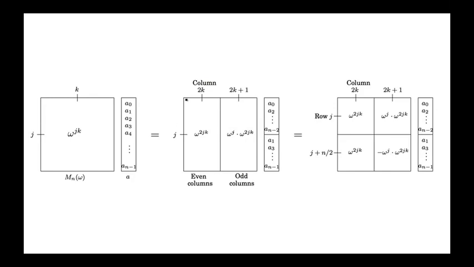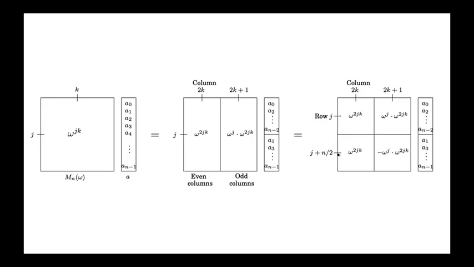Now let's divide the rows into two. The first half is the rows with index less than n over 2, and the second half is greater than n over 2. So we have row j versus j plus n over 2.